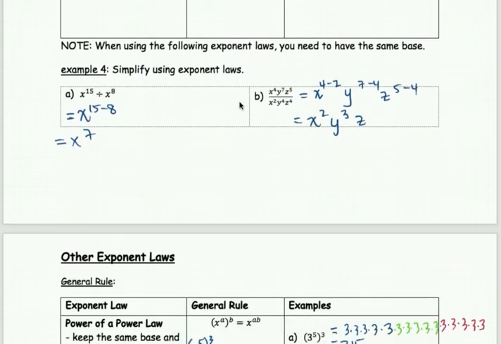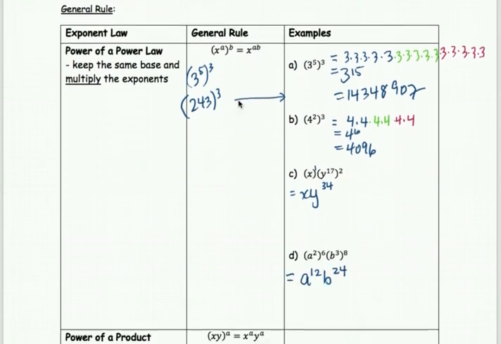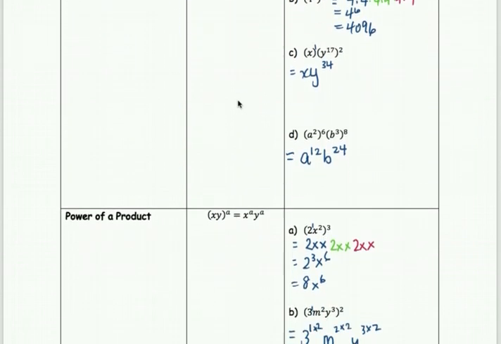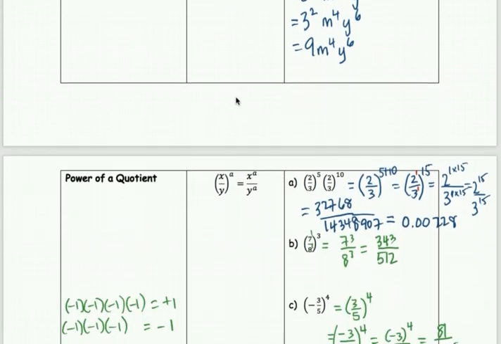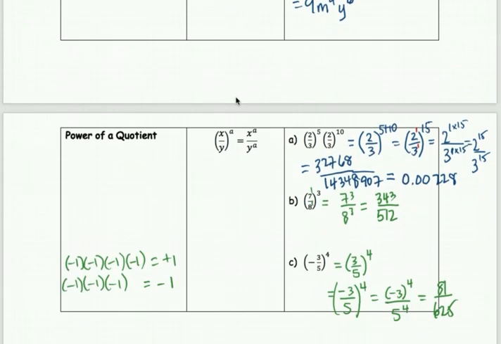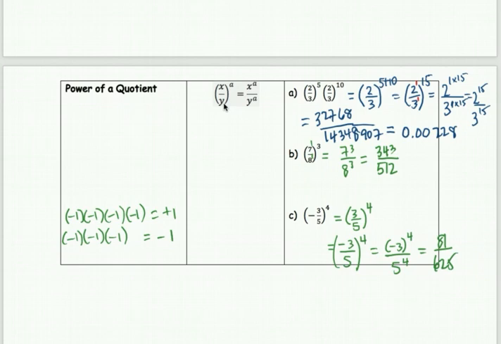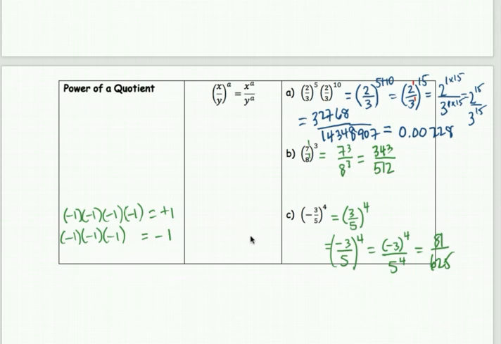I'm going to give you some questions today where you can practice this, but I just want to teach you the 2 new laws called the zero exponent and the negative exponent. Some of you may have seen them, some of you may not. So those are considered to be the new things in grade 10. What I want you to do now is go to the next video that's posted today on zero and negative exponents.